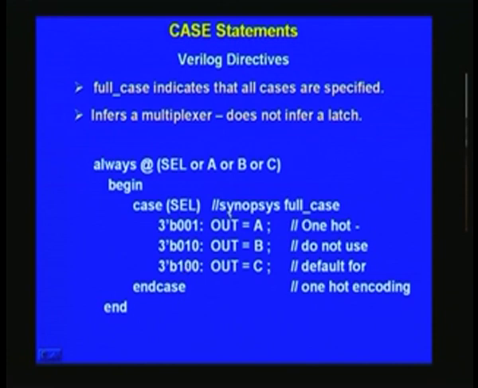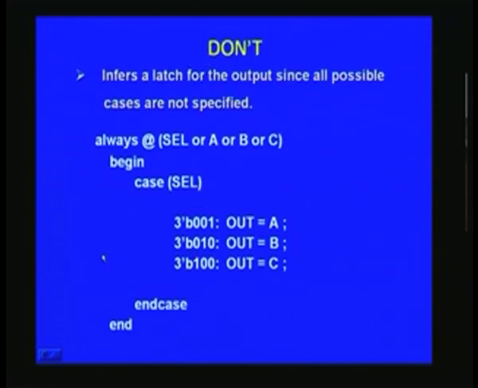That is what the implication here is. So just by giving this here, you do not have to list all the conditions, right? Is it clear to you what a full case is? Next, one more; before we consider that one, let us see what this does.